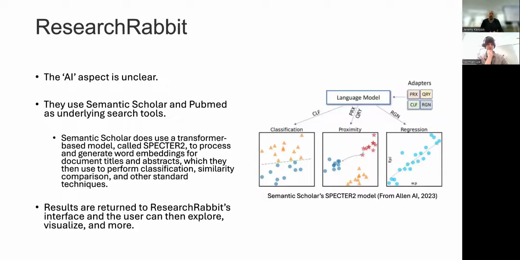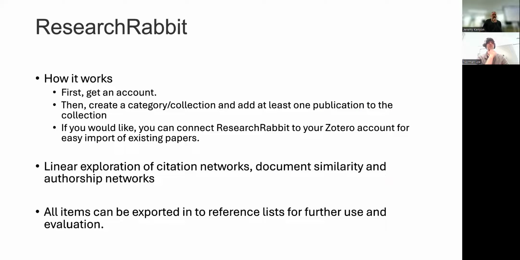It's kind of what we just talked about in terms of using word embeddings to classify or find similarity between different kinds of items in a set. And so it's kind of piggybacking on what Semantic Scholar is doing, but the actual interface isn't doing a lot of AI work by itself. Results are then returned to the interface, and then you can kind of explore, visualize, and work with them. So it's a pretty simple concept and pretty easy to use.